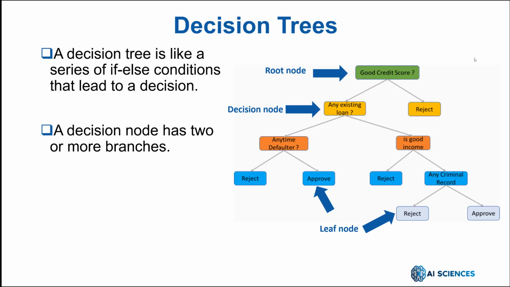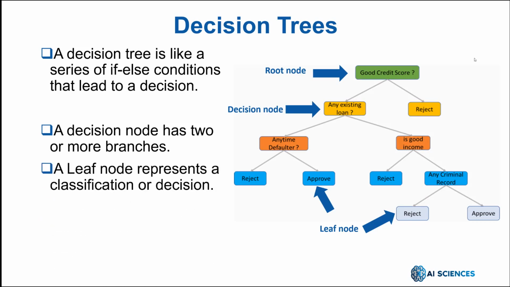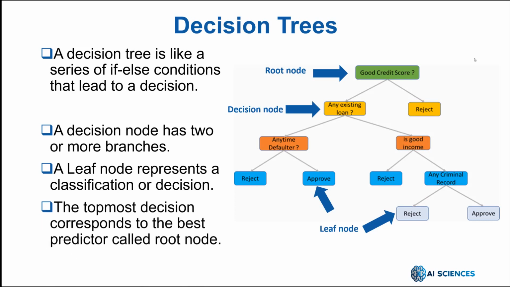Okay, decision trees have three types of nodes. A decision node has two or more branches. A leaf node represents a classification or decision. We also have the topmost decision node in a tree, which corresponds to the best predictor, called the root node.